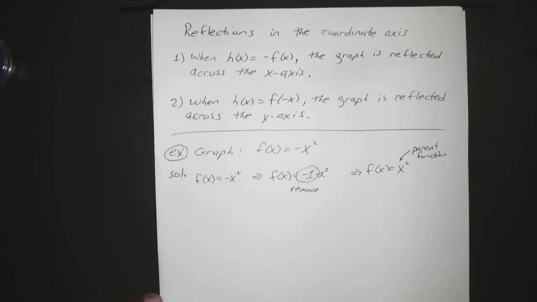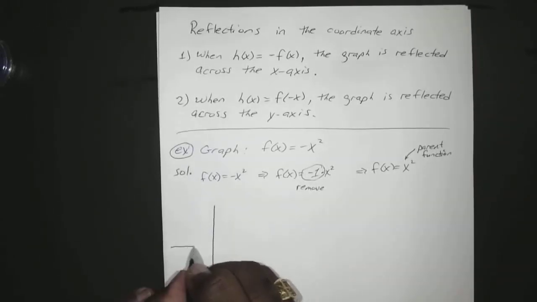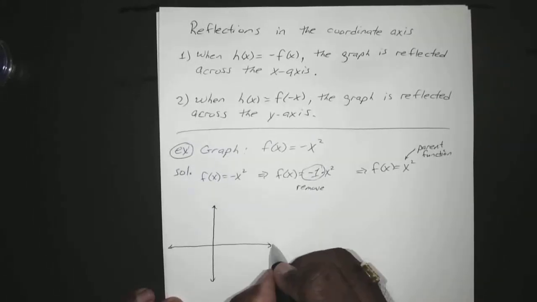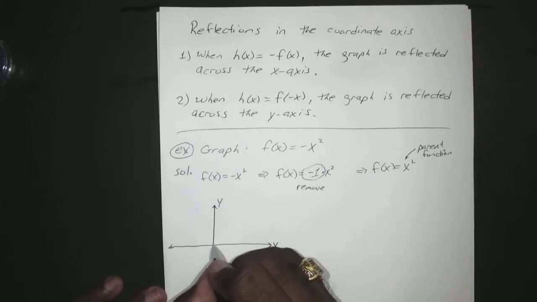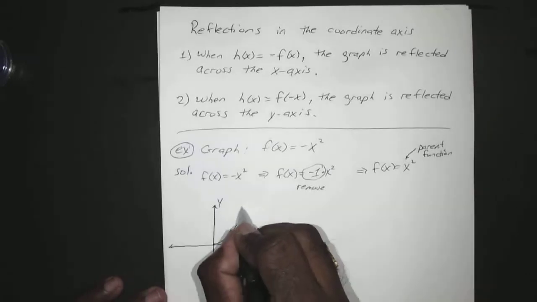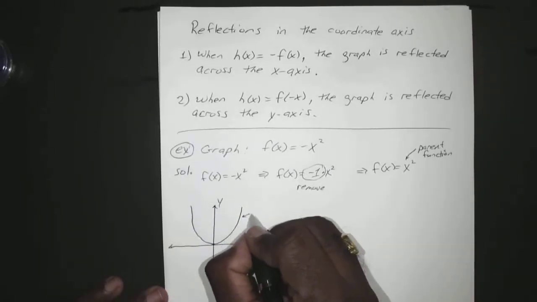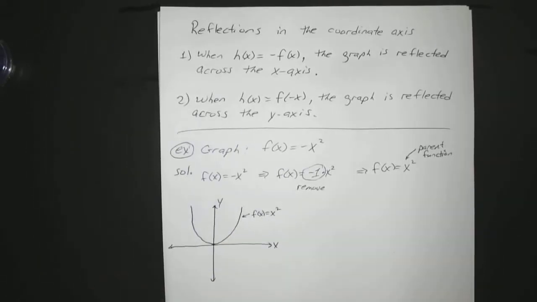All right, so if we have our x and our y, our parent function is f of x equals x squared. So we know that's going to look something like that. So f of x equals x squared.